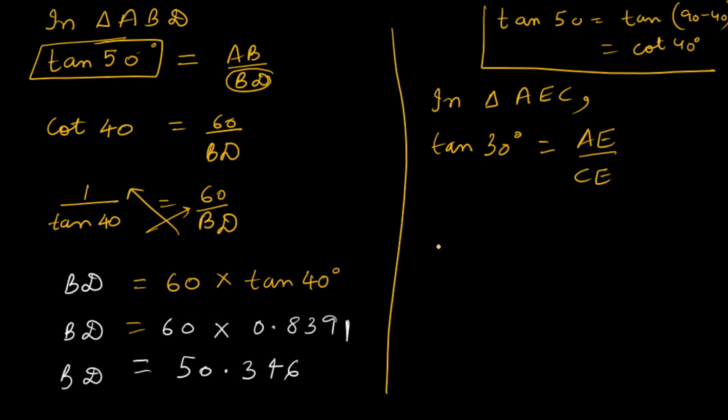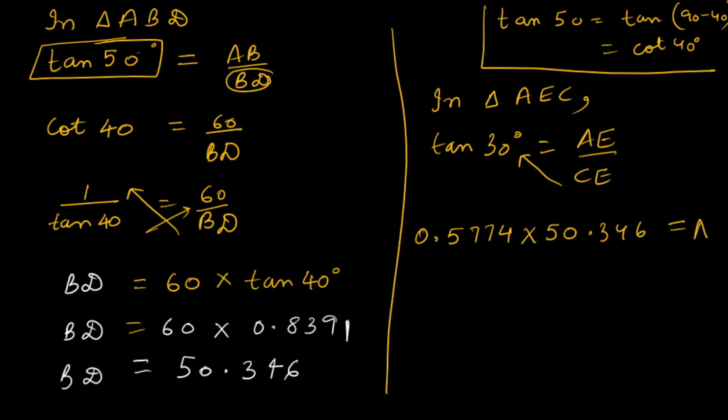What is the value of tan 30 in the trigonometric table? 0.5774. And CE's value we just found is 50.346.